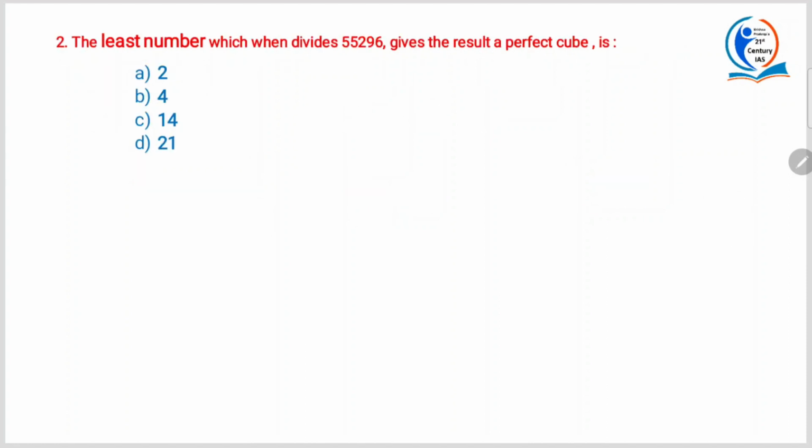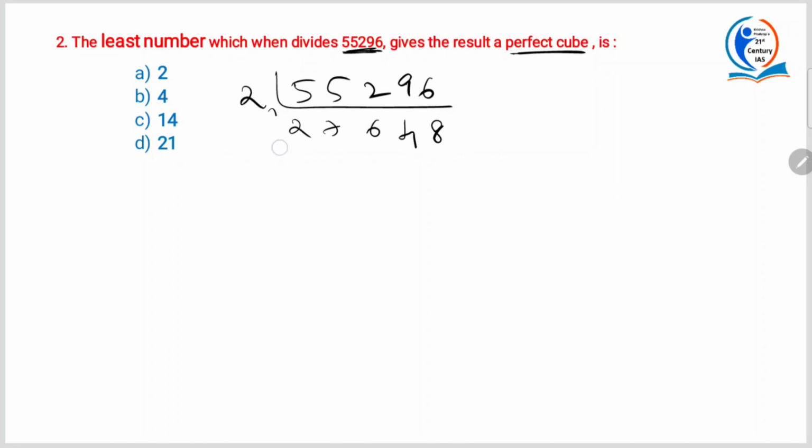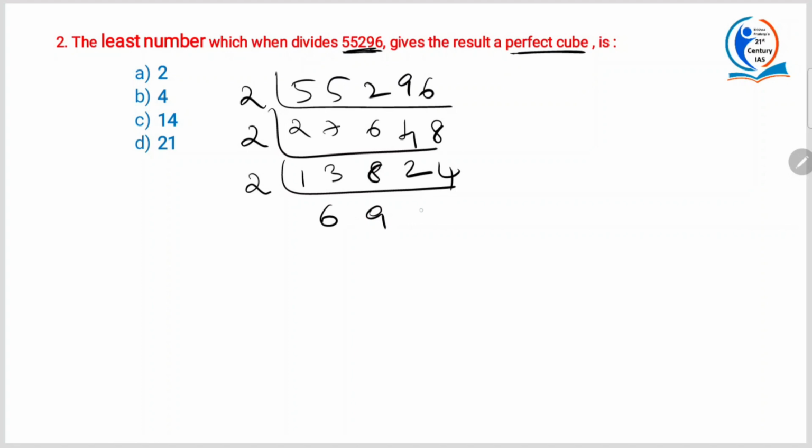Now next question. The least number by which 55296 must be divided to give a perfect cube is. Here you have to follow the factorization. 2 2s are 4, 2 7s are 14, 2 6s are 12, then 4 and 8, then 2 1s are 2.